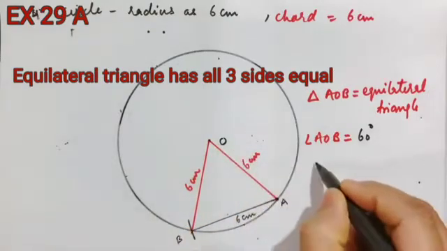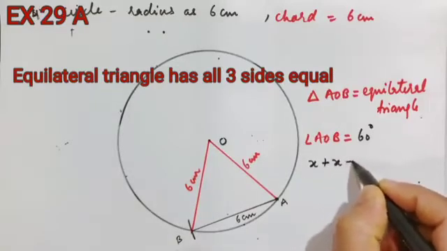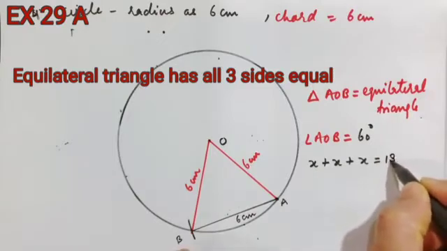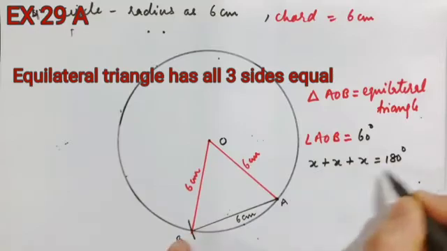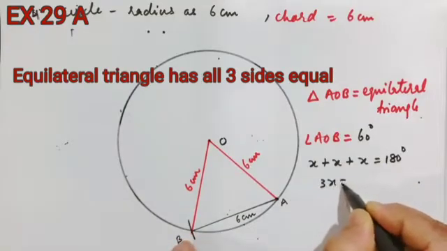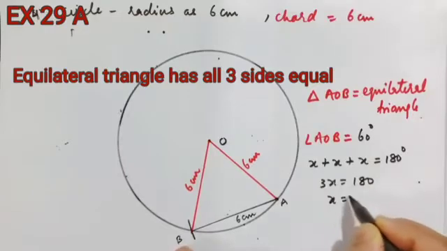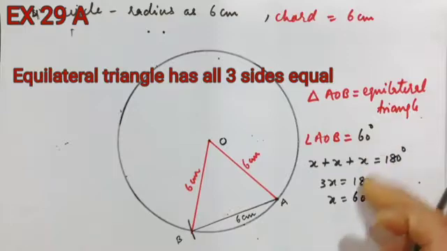So when all the angles are equal, suppose each is x, then x plus x plus x will be equal to how much? 180 degree. You already know that the sum of angles of a triangle is equal to 180 degree. 3x will be equal to 180. The value of x will be 180 divided by 3, which is equal to 60 degree. Okay? This is just to show you.